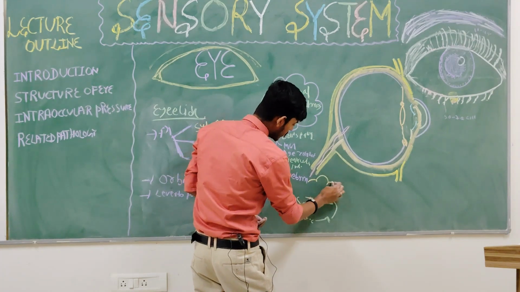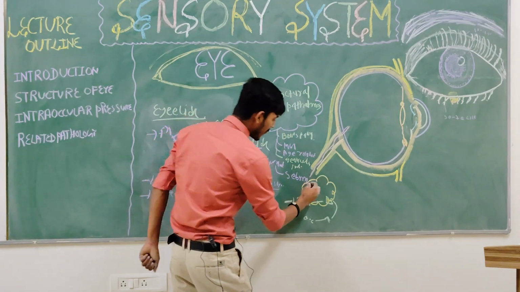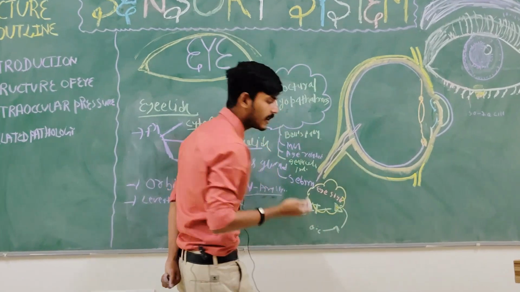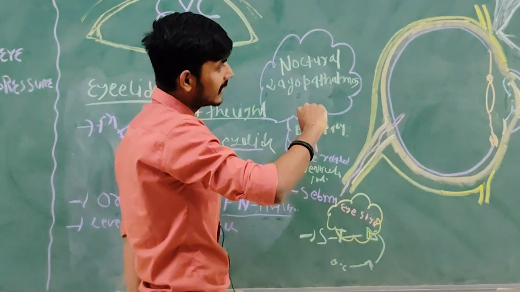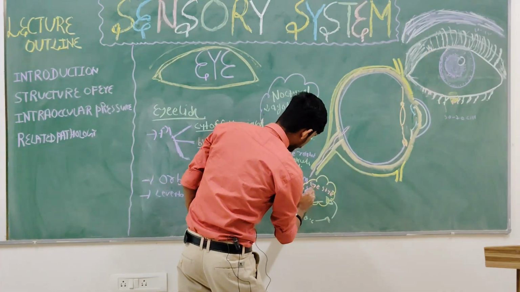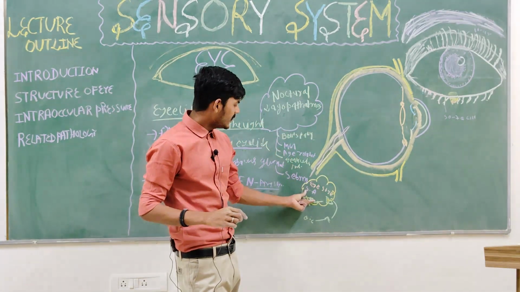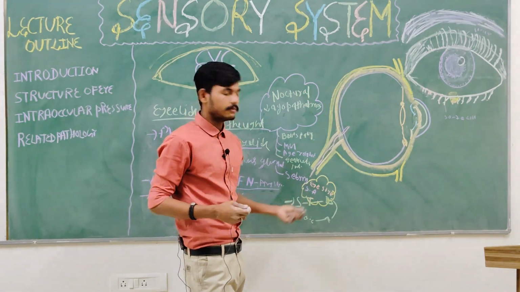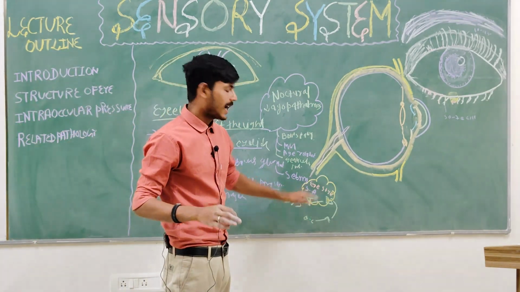So the related pathology of the sebum secretion and the cilia is the eye stye, which is basically a lump over the eyelids. The most common bacterium, as I said, is Staphylococcus aureus. Generally the symptoms subside within a week, but if not, then antibiotics help in relieving the stye.